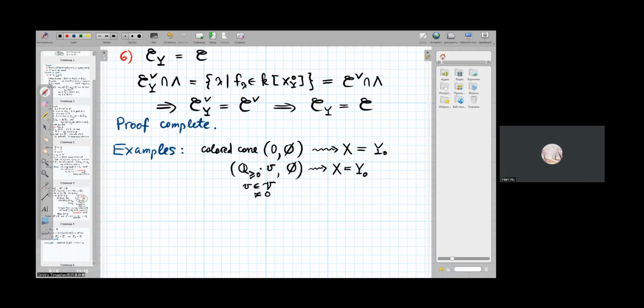So since we have a ray and there are no colors in this colored cone, the color set is empty, then this ray should correspond to a divisor. So except for Y naught, except for the open orbit, we should have a G-stable prime divisor in the complement of the open orbit. And also, I claim that this divisor is actually a single orbit, that the action of G on D is transitive.